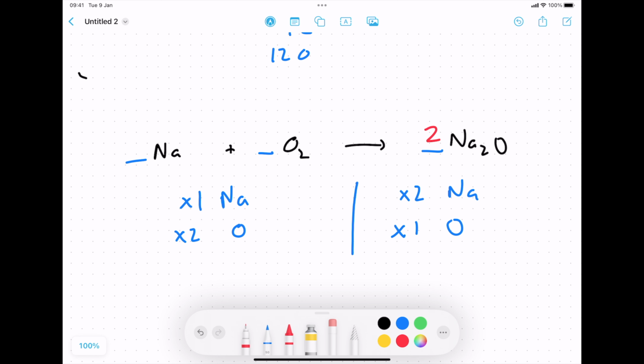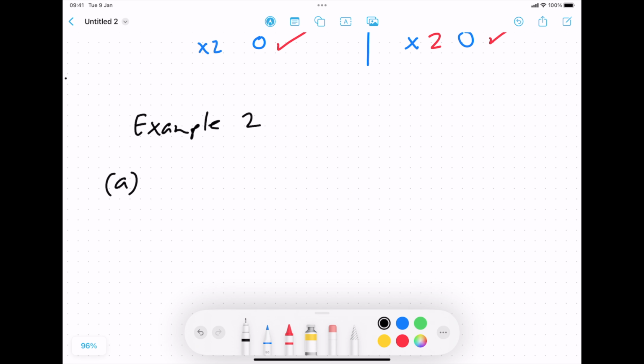So now that changes the oxygen to 2 on the right. So I can tick to show that both the oxygens are the same. However, you can see that the sodiums have now been changed, and we have 2 times 2 makes 4 sodiums on the right. So now I need to put on the left-hand side a 4 to balance the sodiums, and that's finished.